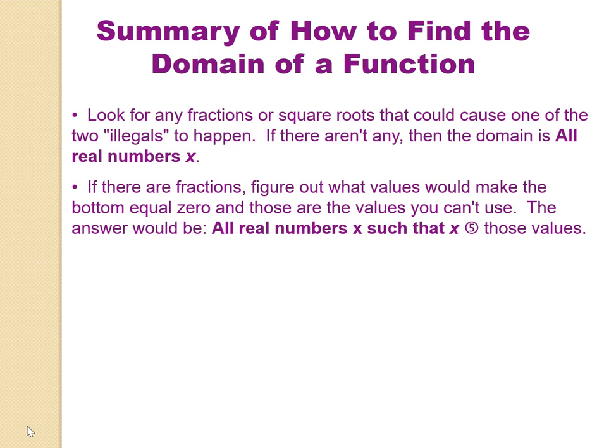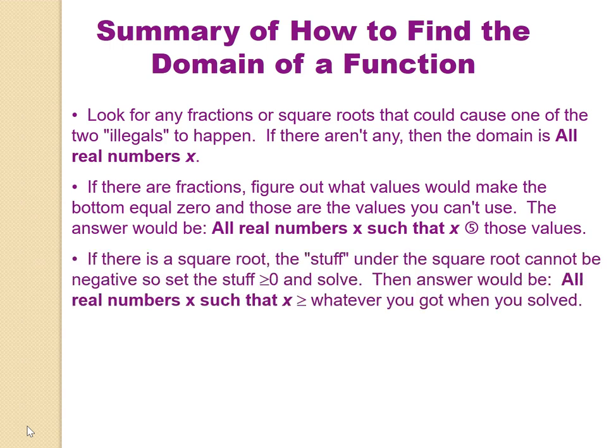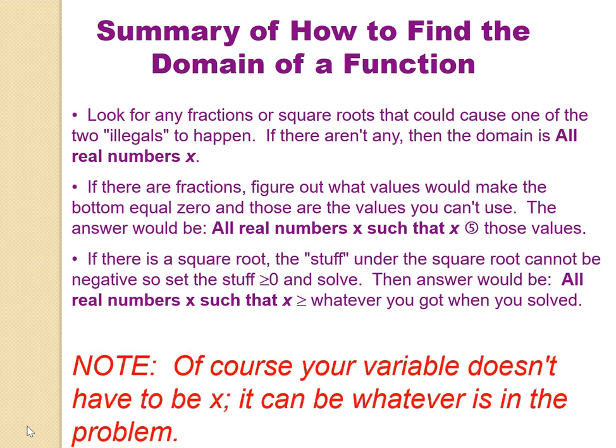So all real numbers x such that x doesn't equal those values. And then if there's a square root, the stuff under the square root can't be negative. So set the stuff greater than or equal to 0 and then solve it. The answer would be all real numbers x such that x is greater than or equal to whatever you got when you solved. Note, of course, your variable doesn't have to be x. It can be whatever is in the problem, so don't let that bog you down.